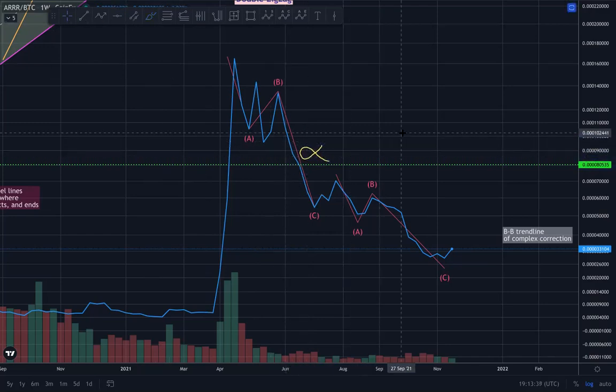Yeah, so there would be a potential X wave, and then you get your A, and then a B here, and a C, because here it could actually be a flat pattern because of this retracement.